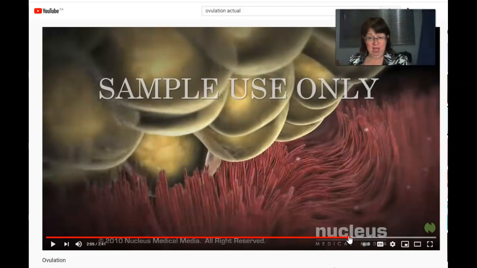So the sperm has come into the vagina, made its way up, and it will take place there. So this is the main part of ovulation.